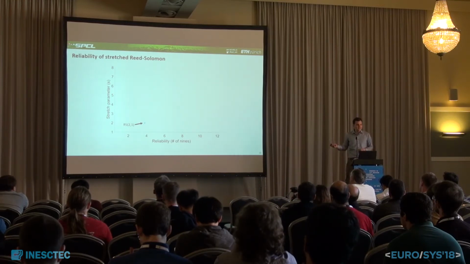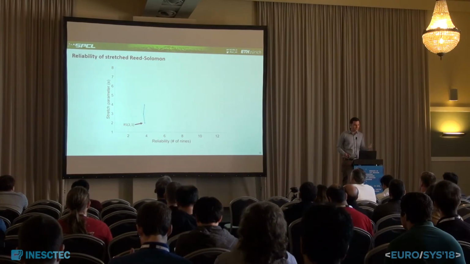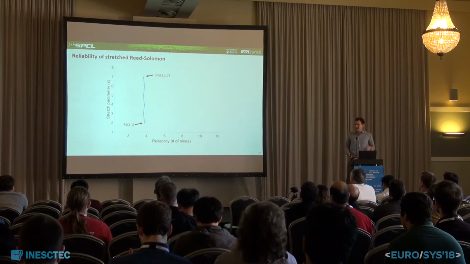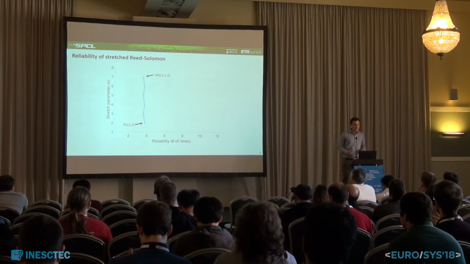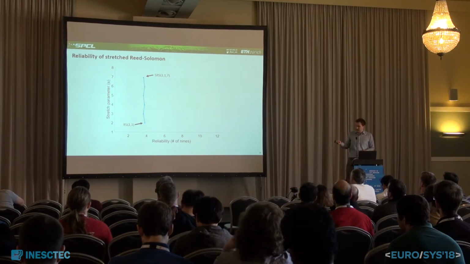It has reliability a little bit less than 4 nines, and it has 2 shards. We can now stretch it over 3 machines, 4, 5, 6, 7. As we can see, the reliability didn't change much, and sometimes it goes down or goes up, but it actually stays the same.